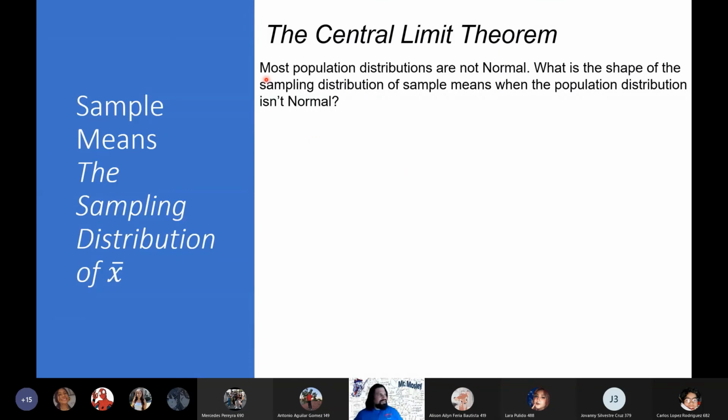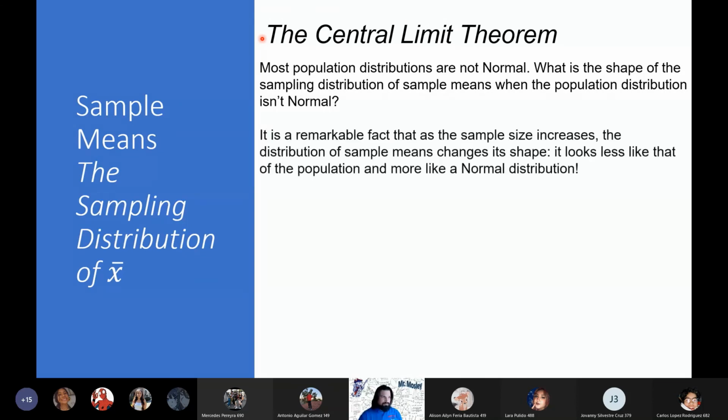So then, continuing with our sample means, we have the central limit theorem. Right? Most population distributions are not normal. Right? What is the shape and sampling distribution of sample means when the population distribution isn't normal? Well, it is a remarkable fact that as the sample size increases, the distribution of sample means changes its shape.